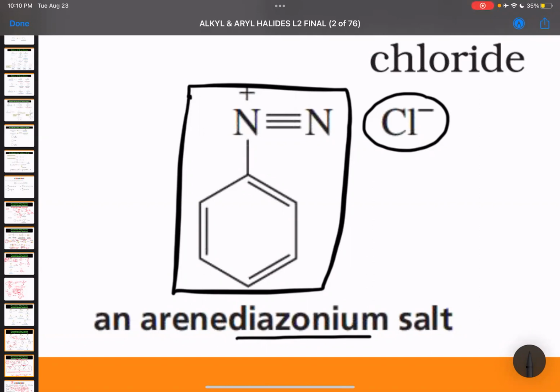So what's so special about diazonium? The special thing about the diazonium is, which group is this? Tell me. This is N2 plus, right? Clear?